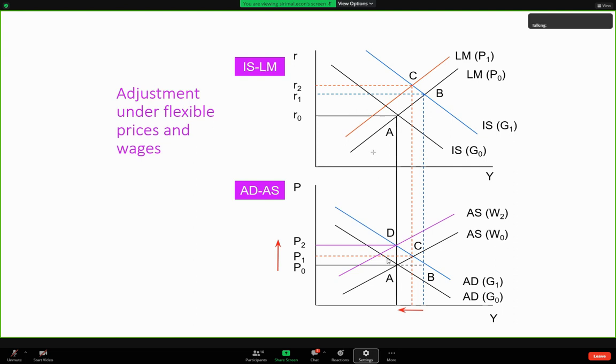When the price level goes up to this level, the real money supply should reduce too. So you extend that line up to this point, and because the price level has gone up, the money supply reduces, which means interest rate rises further. Wages rise, prices go up, interest rates go up, but nothing happens to the output level.